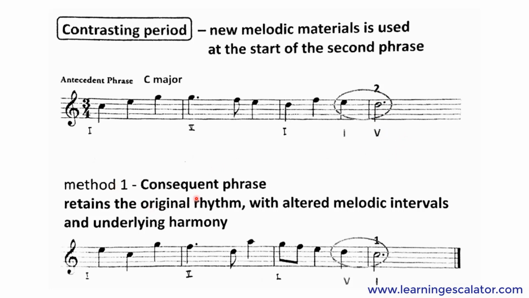Method 1 for the consequent phrase retains the original rhythm with altered melodic intervals and underlying harmony. So the rhythm is still the same. There are 3 quarter notes just like above, and then a dotted quarter note, and then an eighth note and a quarter note. And then over here it is a bit different, there are 2 eighth notes, and then it's the same rhythm.